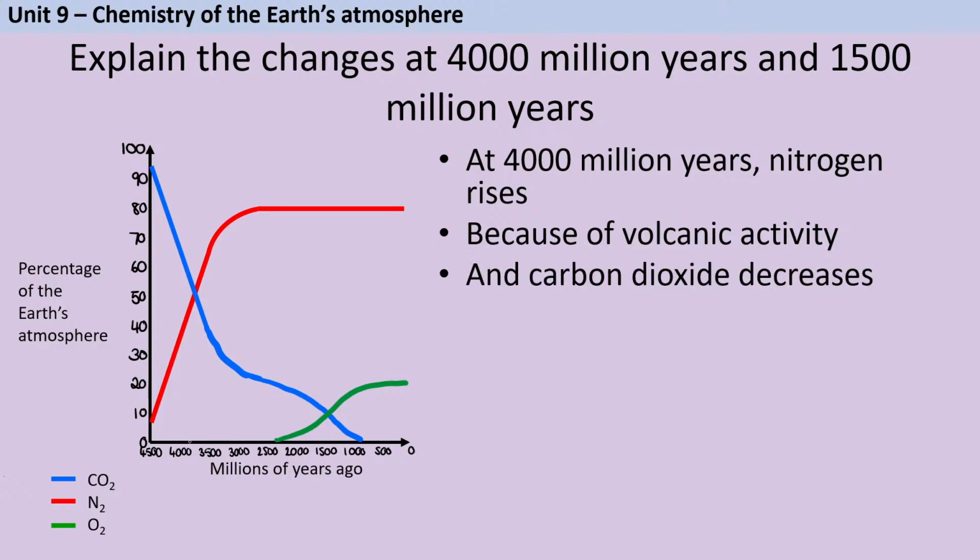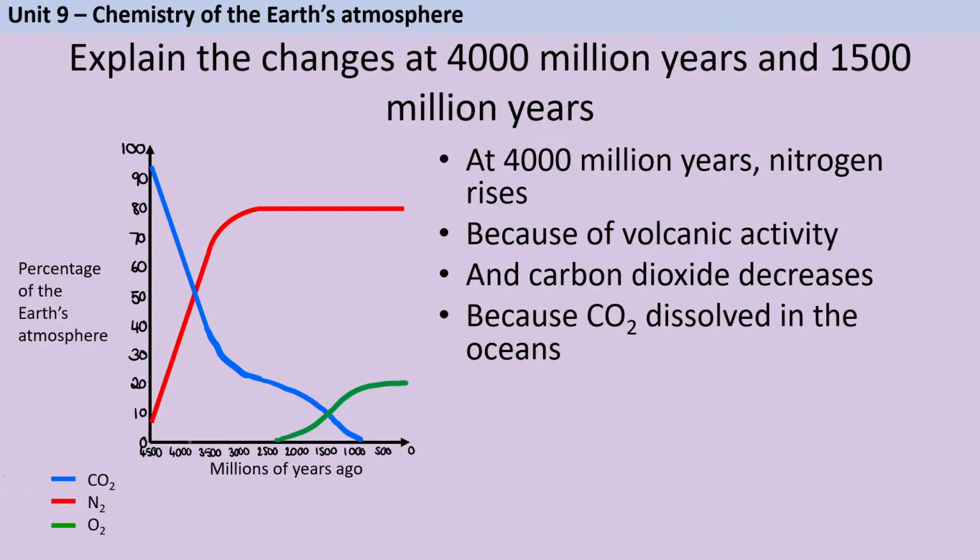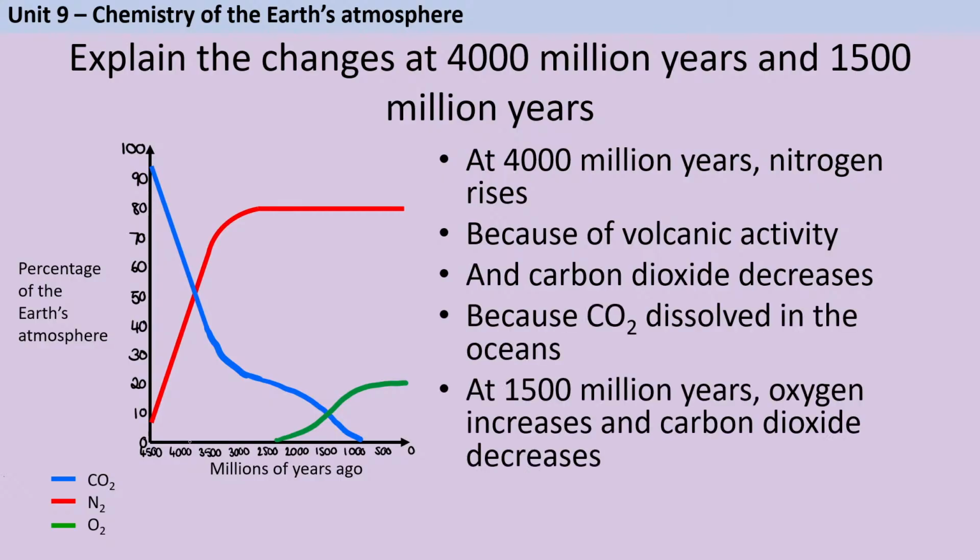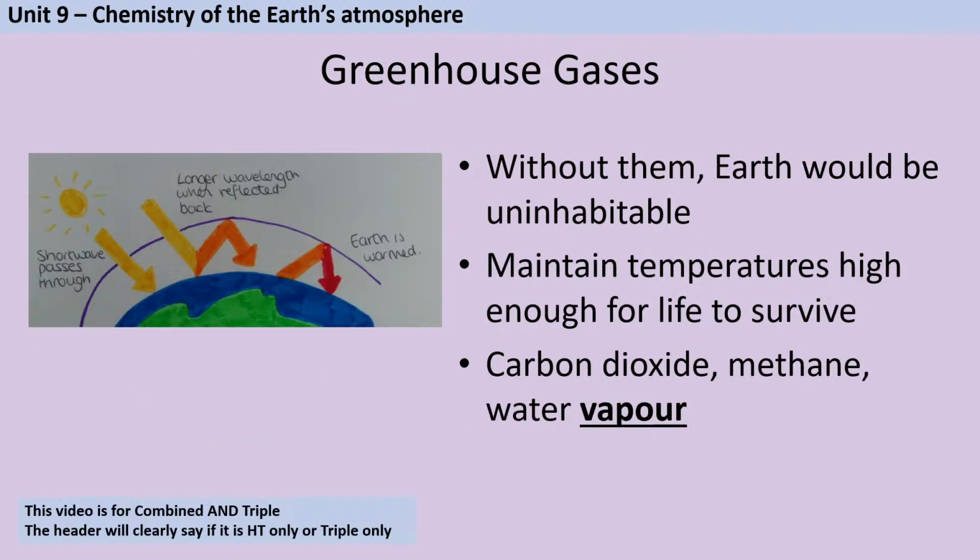Then we'd say that carbon dioxide decreases, and crucially, to start with, it's not because of photosynthesis. Everyone says it's photosynthesis, and to begin with, it's not. To begin with, it's the carbon dioxide dissolving in the oceans. And then, at this point, that's when photosynthesis starts kicking in. So at that point, the carbon dioxide is going down and the oxygen is going up.